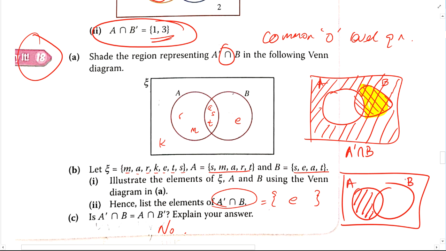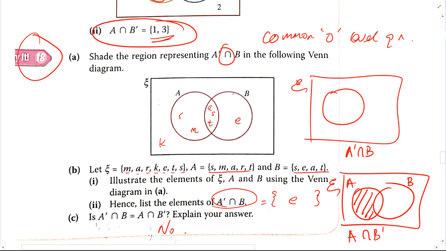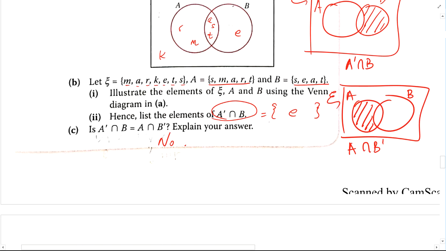So we see that they are different. Then you can also list elements to say that this element is found inside this set, but it's not found inside that set, that's why they are not the same.